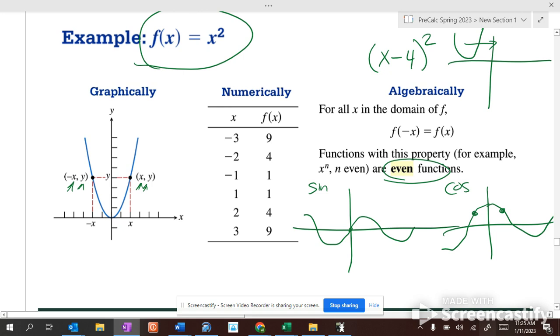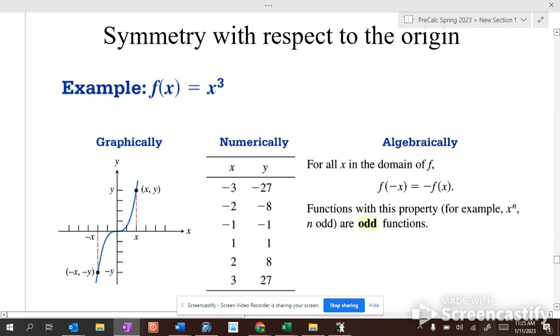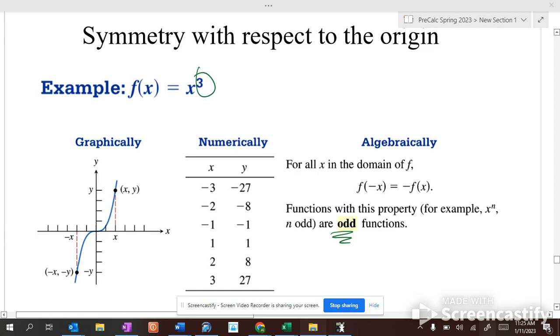So you have to know the difference between an even function and an odd function. Why do they call them even and odd? Look at that power. If it's squared, it's an even function. If it's cubed, it's going to be an odd function. Because if we reflect it across the x-axis or y-axis and then across the x-axis, a flip and a flip, you can see that these values and these values are opposite of each other.